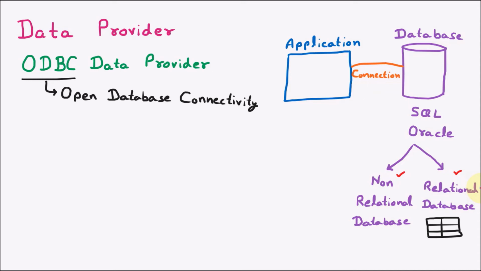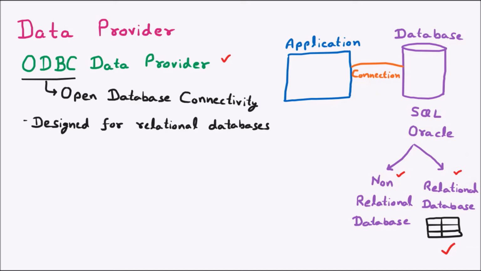The ODBC data provider is mainly designed for the relational databases. It means if you want to work on the tables, relational databases, then for that we are going to use ODBC. So we can say that the ODBC data provider is used for relational databases.